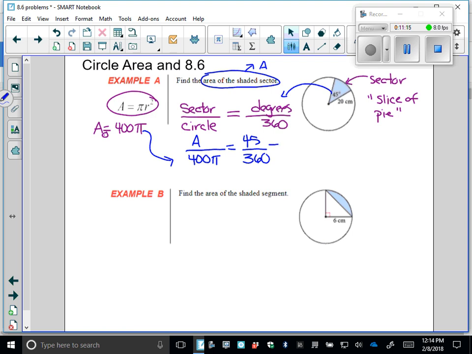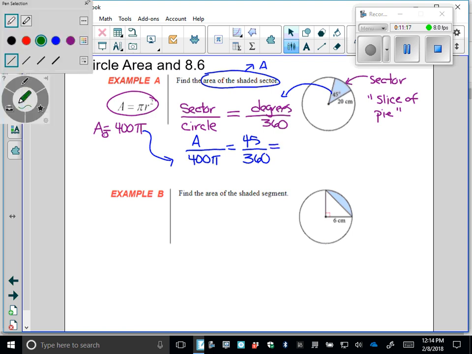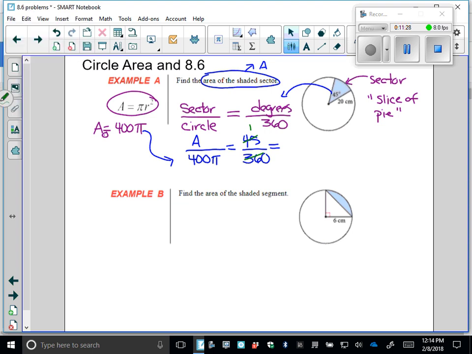And I would encourage you to reduce. 45 goes into 360 equally, because it goes into 90 twice, and 90 goes into 360 4 times, so that's a 1/8 ratio. So we're really going to set that equal to A over 400 pi.